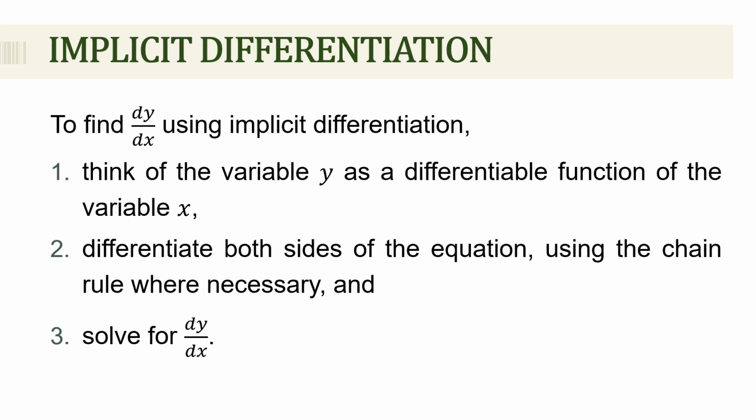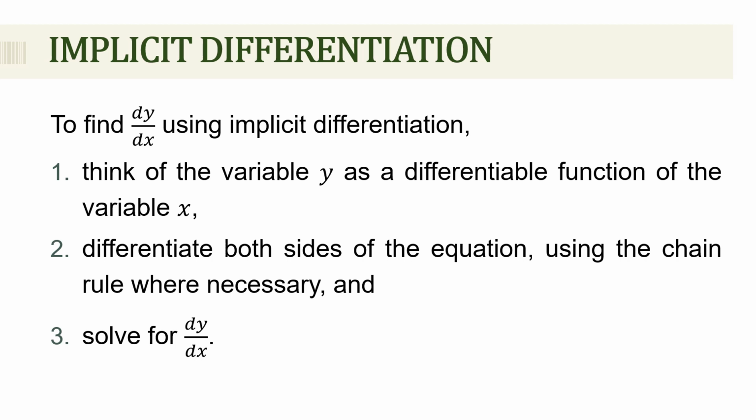So to find dy over dx using implicit differentiation, think of the variable y as a differentiable function of the variable x. Okay? And then differentiate both sides of the equation using chain rule when necessary and solve for dy over dx. Or simply, ang sinasabi lang ng mga steps na to, kukunin mo yung derivative nila, okay?